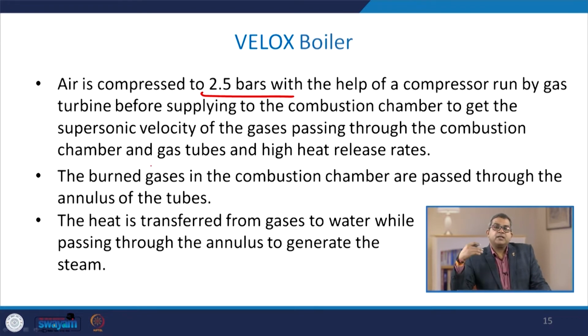So basically you need to create the supersonic velocity. Now the burned gas in the combustion chamber is passed through the annulus of the tube. So the heat is transferred from gases to water while passing through the annulus to generate the steam.